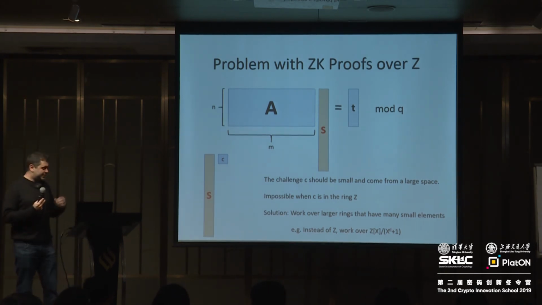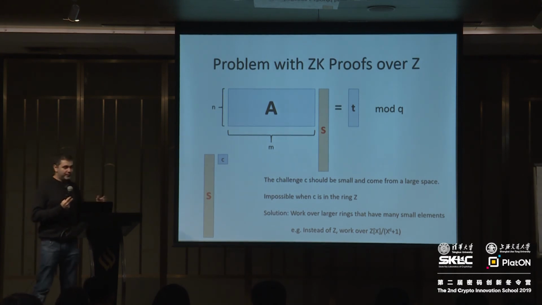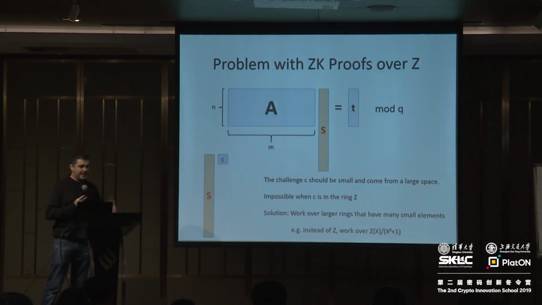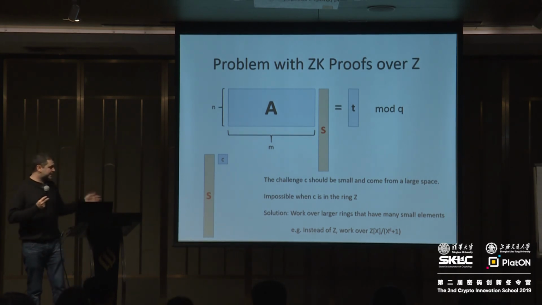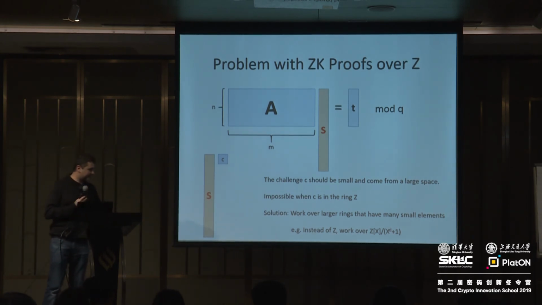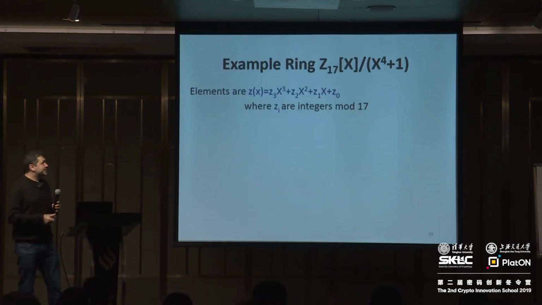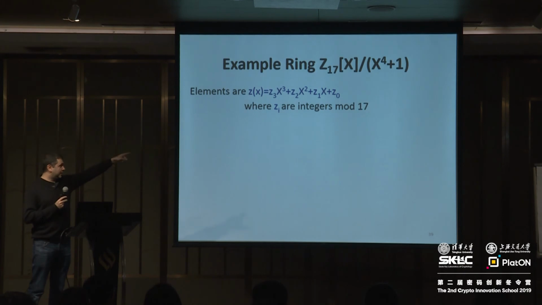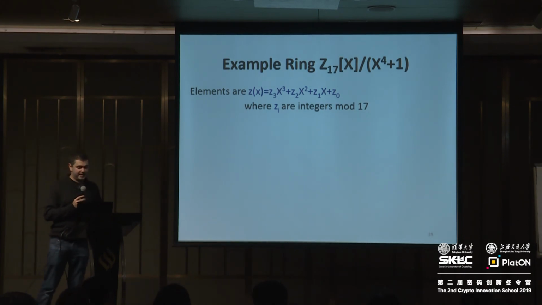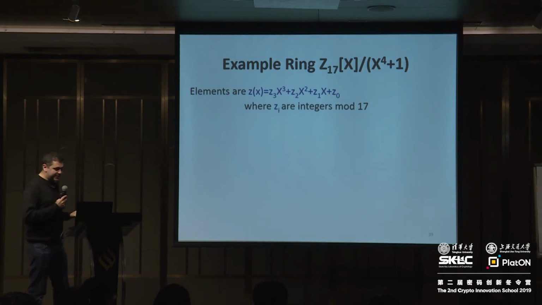So instead of the integers, work over the ring of integers, which is Z[x] mod x^n plus 1, whatever that means, and you don't really need to know the algebra either. But here's an example. You would normally work with a larger thing, but here's the ring Z_17[x] mod x^4 plus 1. The elements of this ring are polynomials of degree 3.